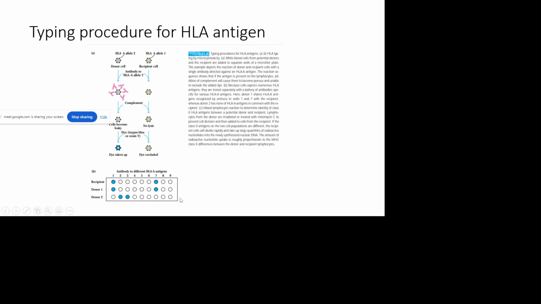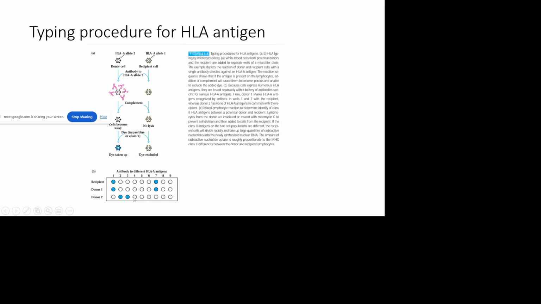Similarly, you can repeat the experiment for different antibodies to different HLA antigens, HLA2, HLA3, HLA1, HLA4 up to HLA9, right? So you can do the same experiment. For the recipient, you can see that the antibody to HLA1 and the antibody to HLA7 are showing the blue color, right?